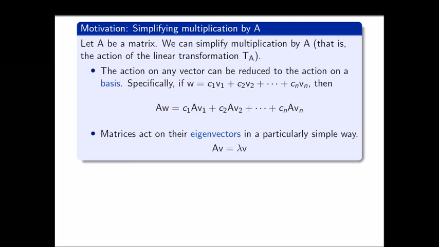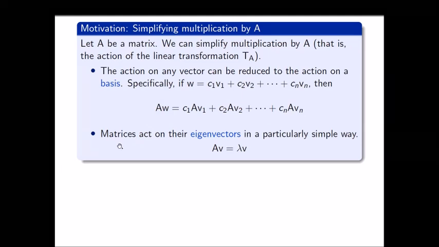In other words, using linear combinations, if any vector W can be written as a linear combination of V1, V2 through Vn with coefficients C1, C2 through Cn, then A times W is going to be C1 A V1 plus C2 A V2 dot dot dot plus Cn A Vn. So we've just distributed A to all of the vectors.